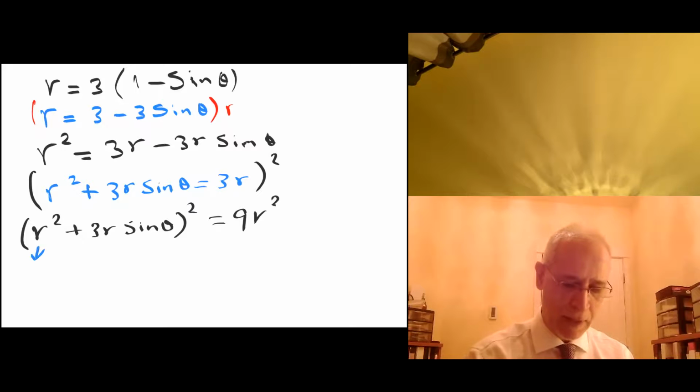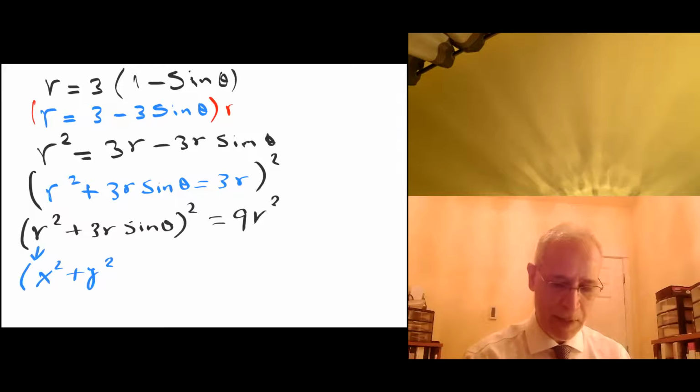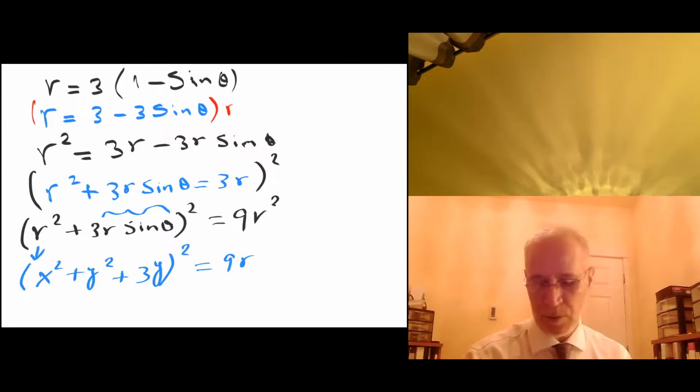This is x squared plus y squared, because r squared is x squared plus y squared, and plus 3 times r sine of theta, which is y, all to the second power, equals 9r squared.